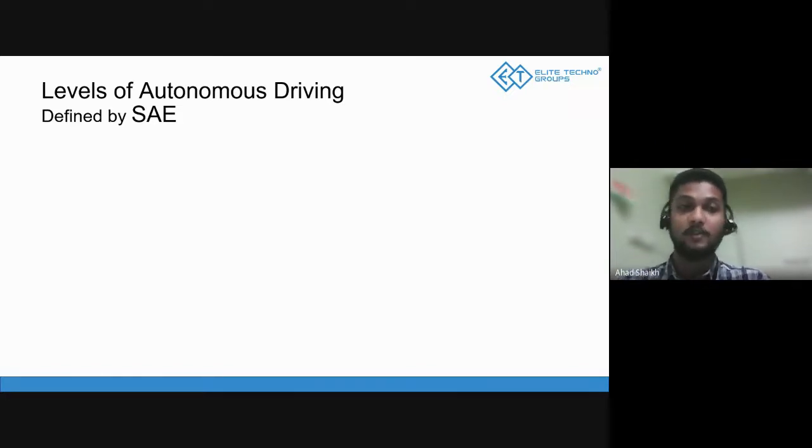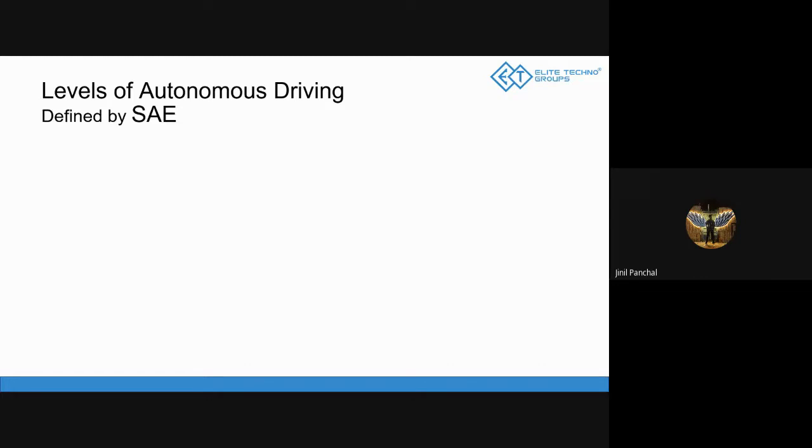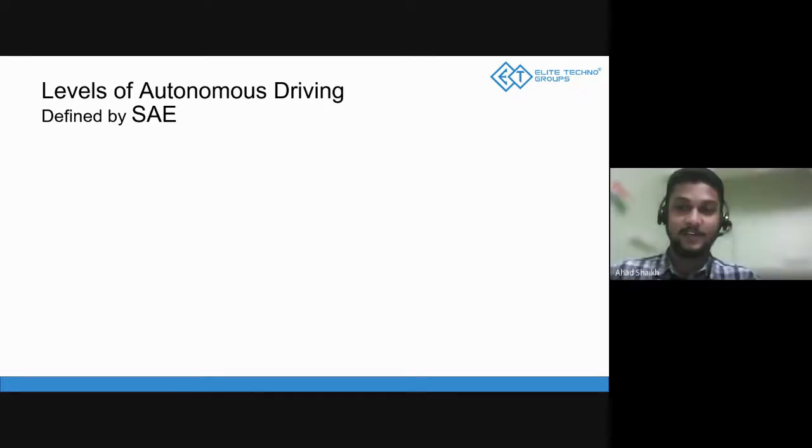As we talked, they have also defined certain levels of autonomous driving. So does anyone have an idea how many levels SAE India has defined for autonomous driving? Five, I guess. I think five. So one to five you are talking about. Six levels.